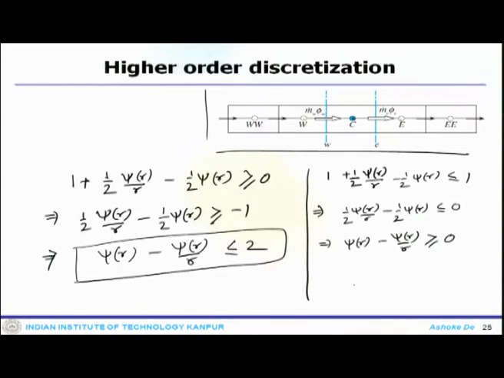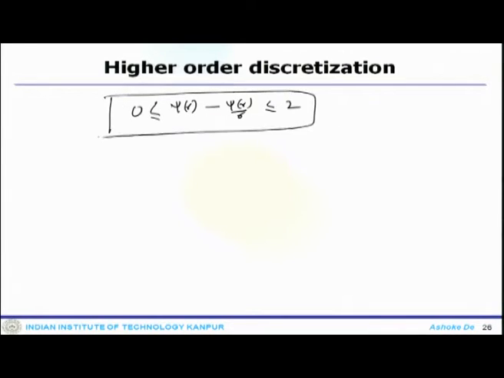Now, if you combine these two, it simplifies to psi r minus psi r by r between 2 and 0. So, in addition to psi r greater than 0, a condition is also imposed that psi r is 0 for negative values of r.